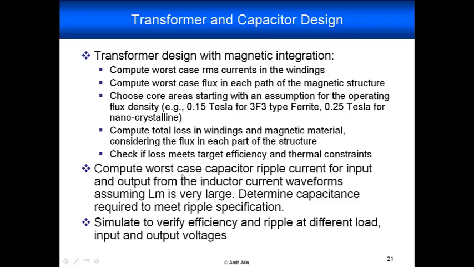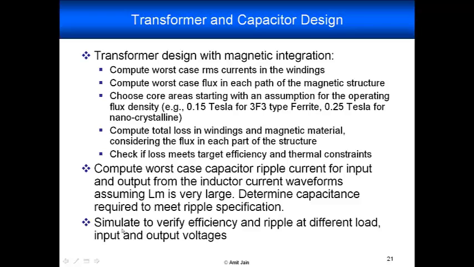The ripple current in the capacitor can be computed from the input and output inductor current waveforms, or the bridge output current waveforms. A starting point can be when you don't have any magnetizing inductance, and you can use that to come up with the capacitance required to meet the ripple specification.